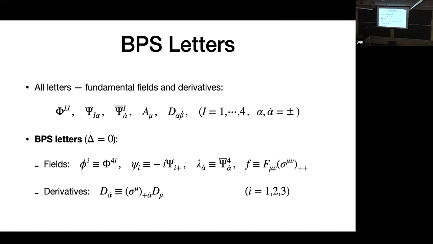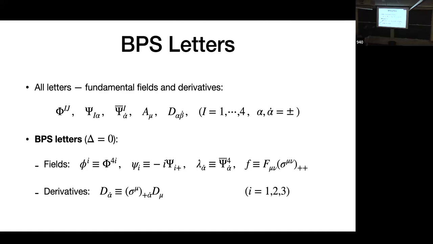This alpha and alpha dot can take value plus or minus. Of course, we also have the gauge field and covariant derivative. Because we want to construct gauge invariant operators, we will mainly use covariant derivatives, but not the gauge field.